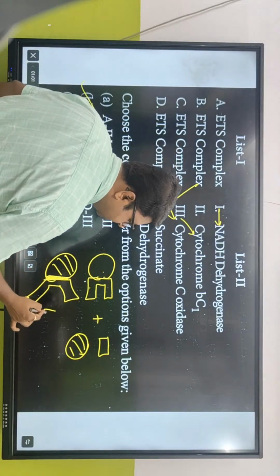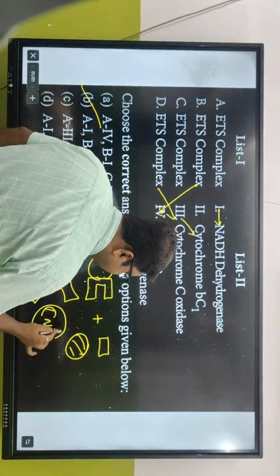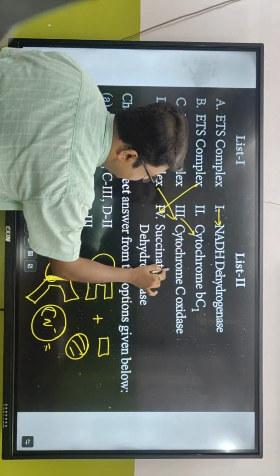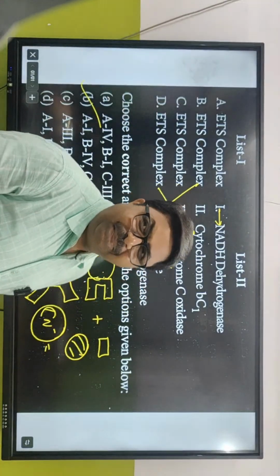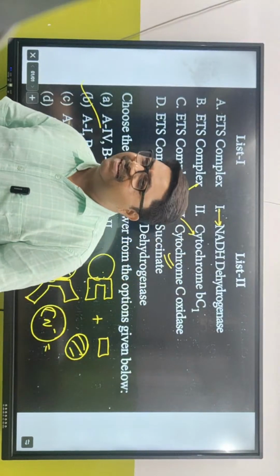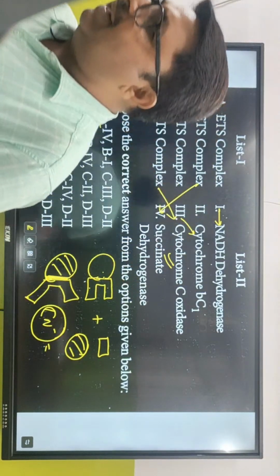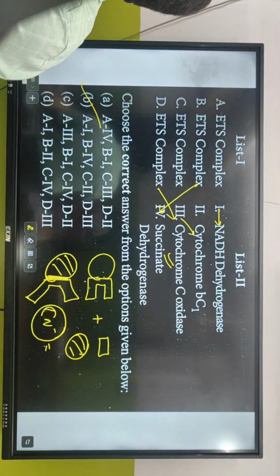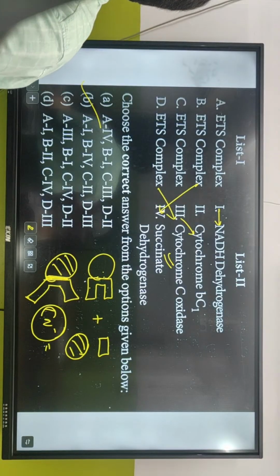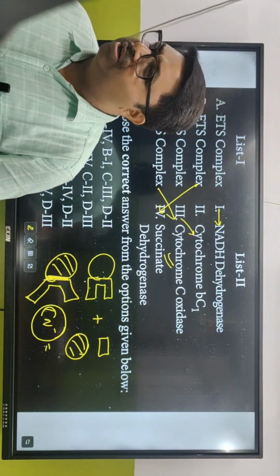What was the example? Cyanide poisoning. Cyanide acts upon cytochrome C oxidase enzyme and stops its activity. এই জন্য লোকটা ইমিডিয়েটলি মারা যায়। We have talked about this in non-competitive inhibitor of enzymes. কোয়েশ্চন হয়নি?